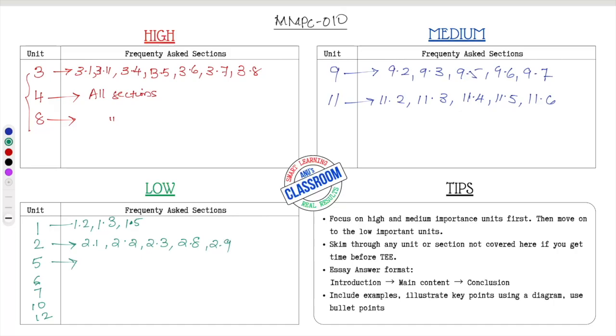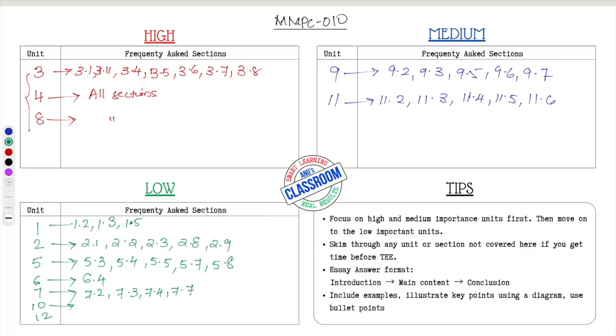From unit 5, that is demand elasticity, at least focus on 5.3, 5.4, 5.5, 5.7, and 5.8. From unit 6, that is demand estimation and forecasting, at least learn 6.4 thoroughly. From unit 7, production function, at least learn 7.2, 7.3, 7.4, and 7.7.